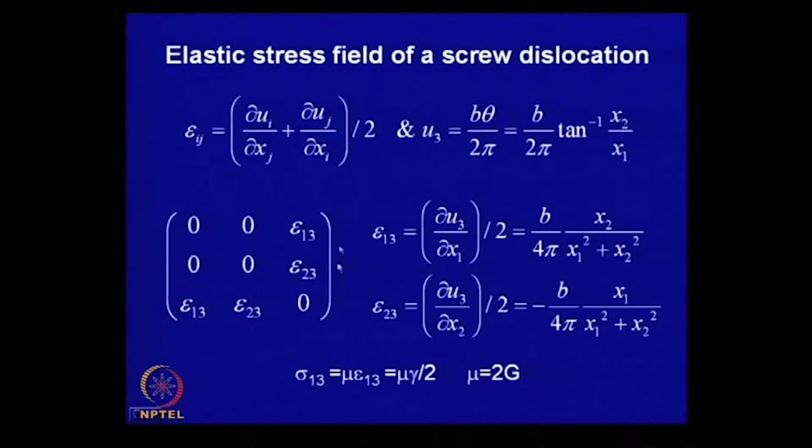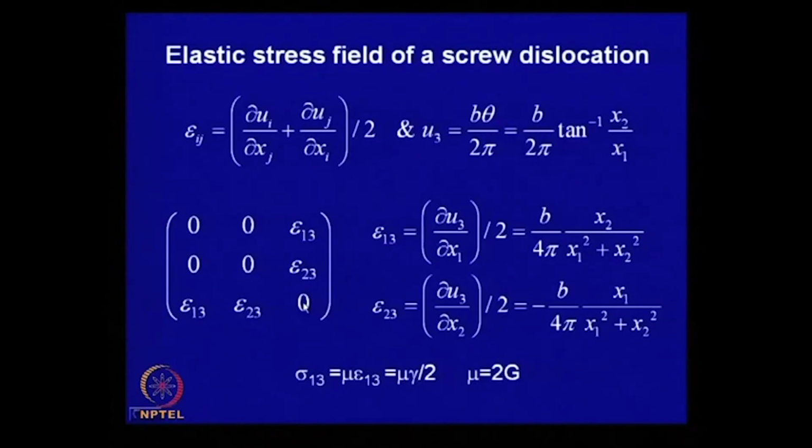So, you have 6 components of the strain, but we know that these represent the plastic strain, and the sum of all these will be 0. Here in any case it is 0, because each of these components themselves are 0.